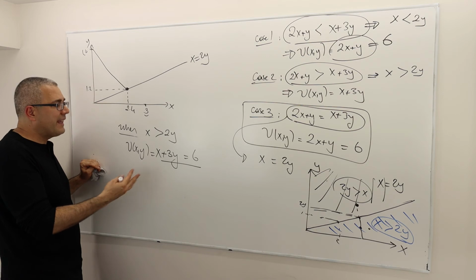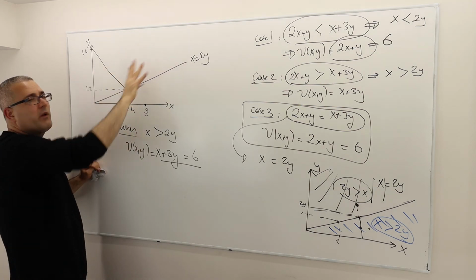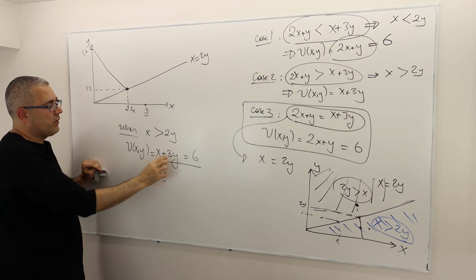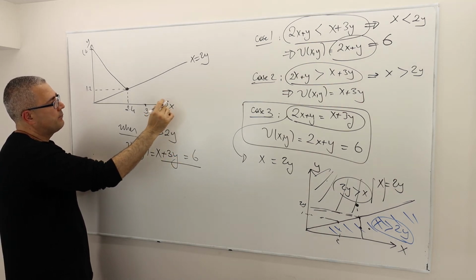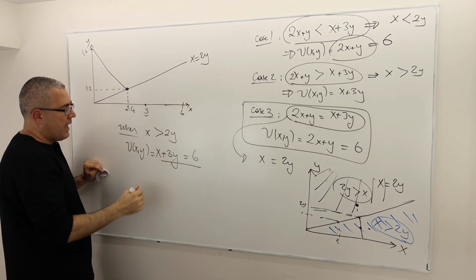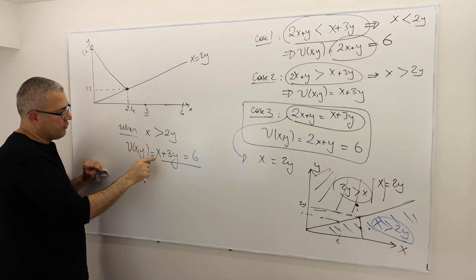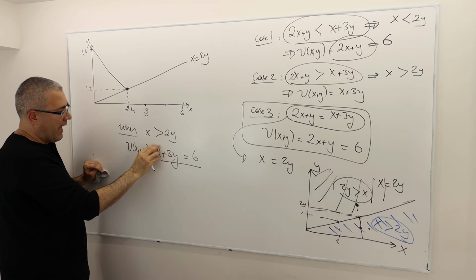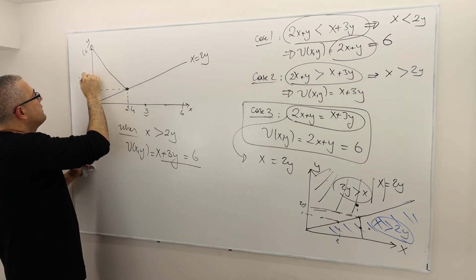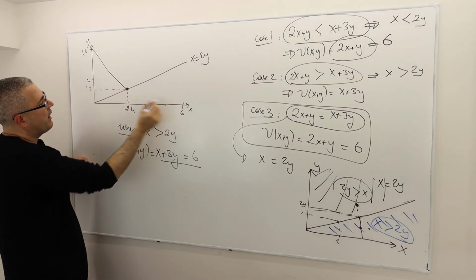How do I draw it? Again, assume that I didn't draw anything here, just draw this straight line. So when y is 0, x is 6. Let's suppose this is 6. And when x is 0, y has to be 2. Let's suppose this is 2. So I have to connect these 2 points.